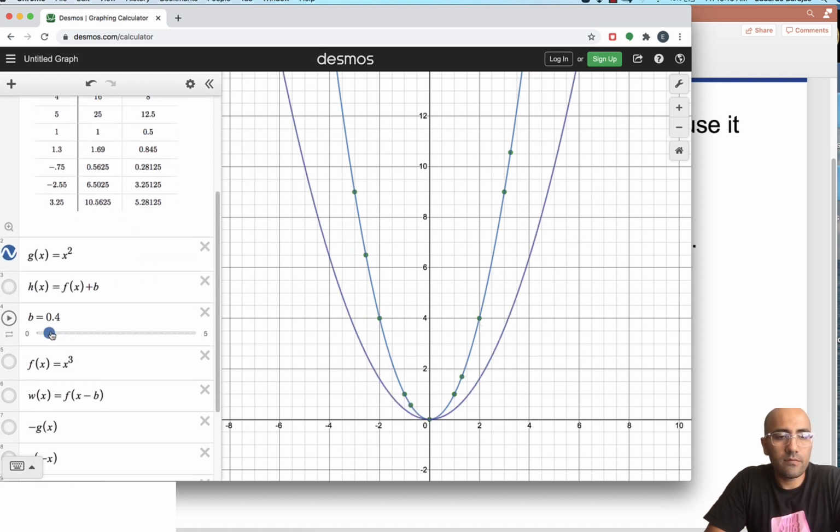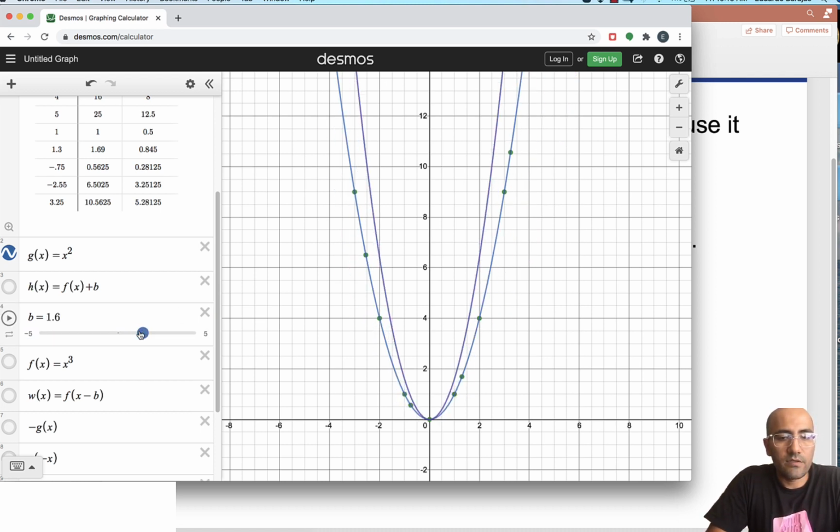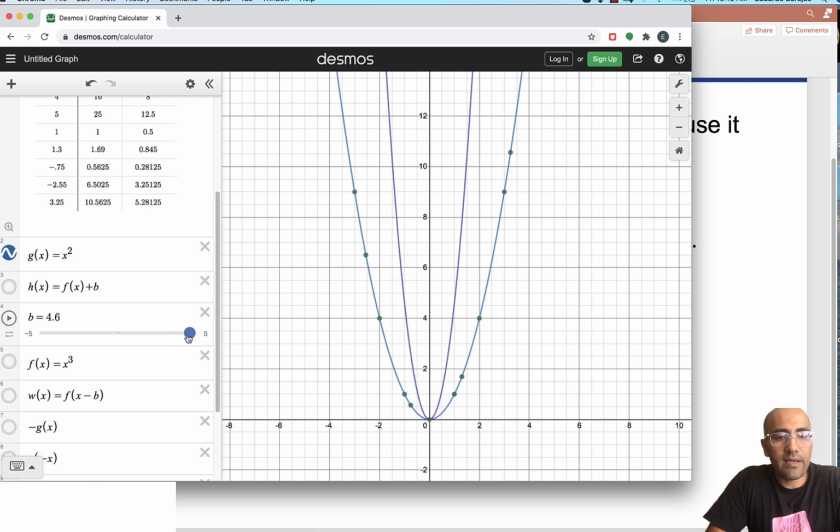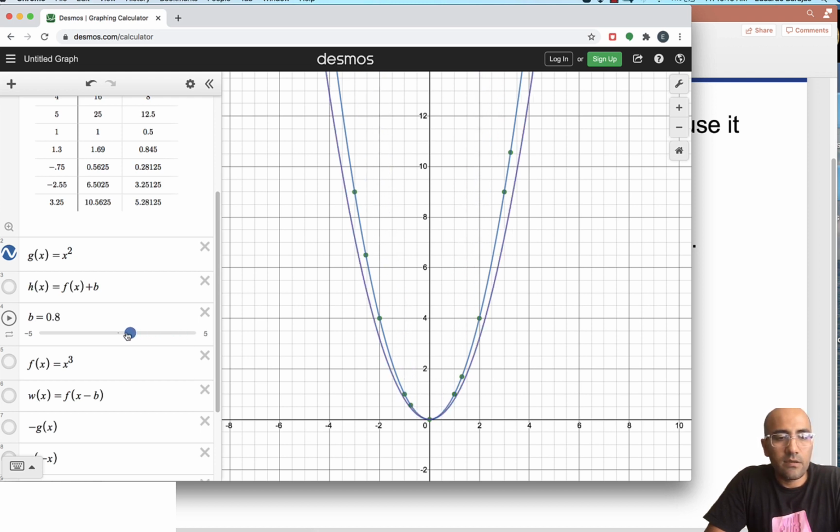Wider and wider. Okay, and then of course if b becomes negative, then we also have a reflection about the x-axis. So if we multiply by a constant bigger than 1, it gets skinnier. Equal to 1, we get the exact same function.